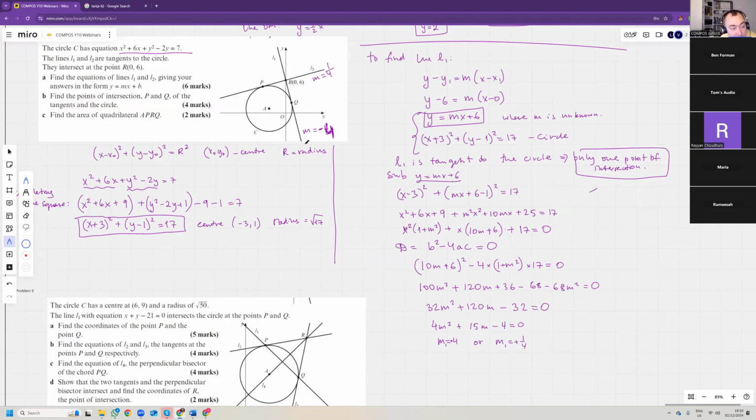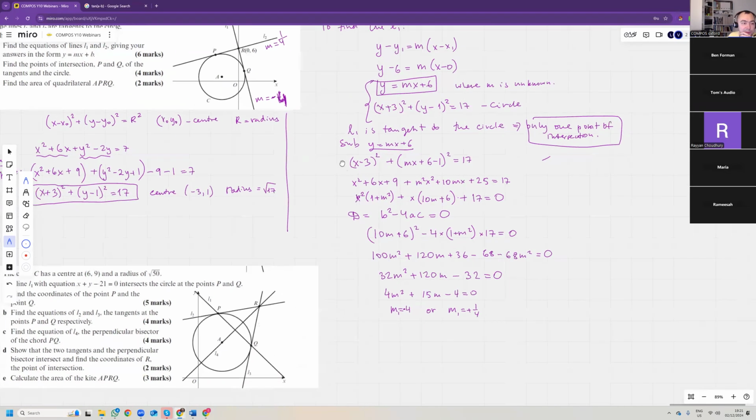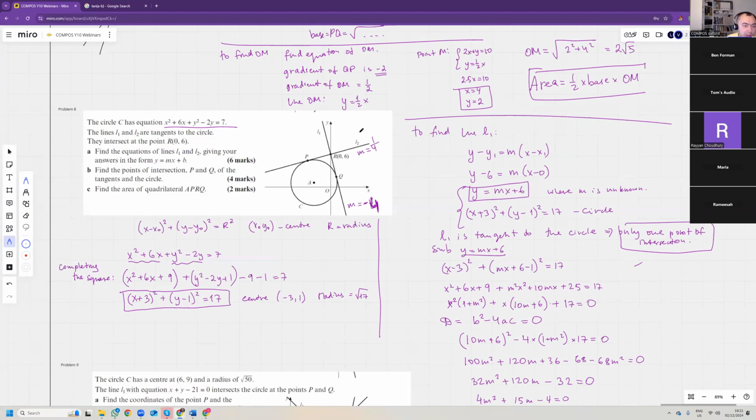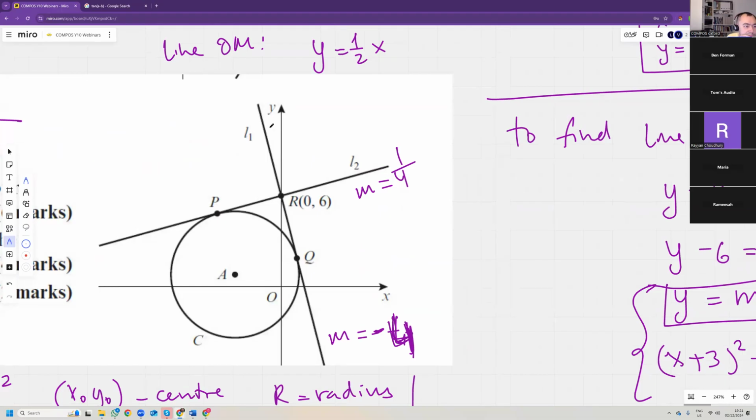All right. And now we can find P and Q. So line L1 has equation y equals minus 4x plus 6. And this line has equation y equals 1 quarter x plus 6.